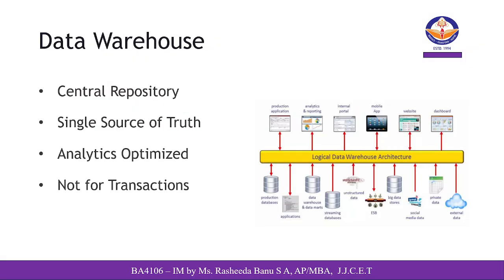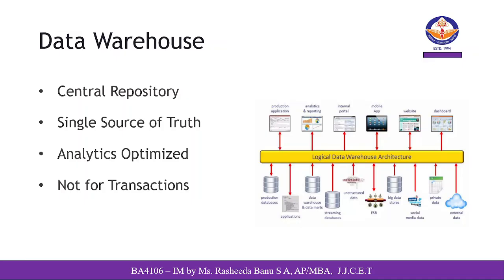Data warehouse. Data warehouse is a central repository which integrates and stores data from various operational sources including CRM, ERP, and other databases. And it is a single source of truth. It ensures data consistency and reliability across the enterprise. Third one is analytics optimized.